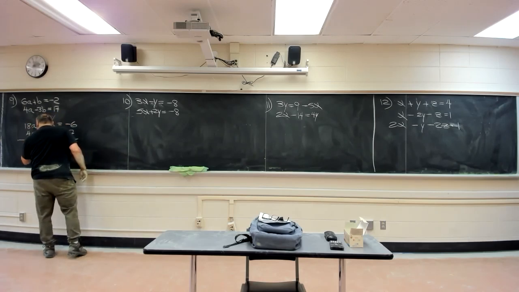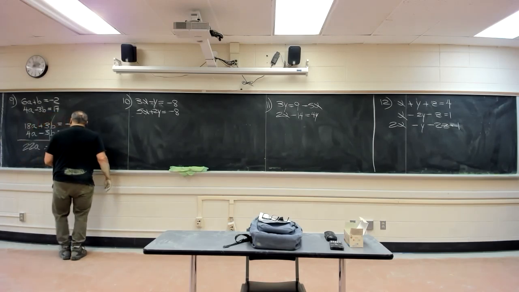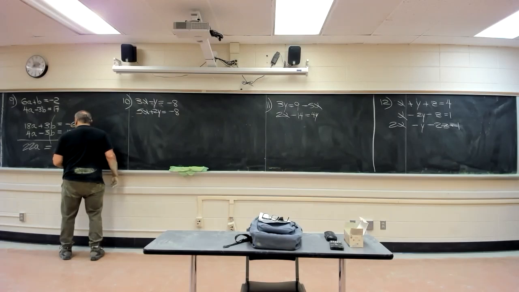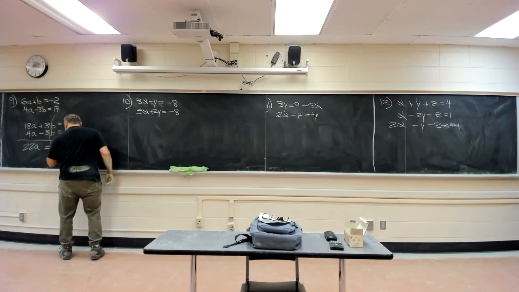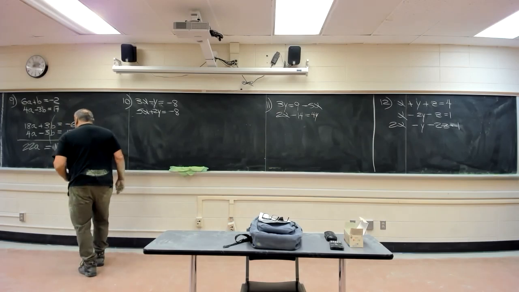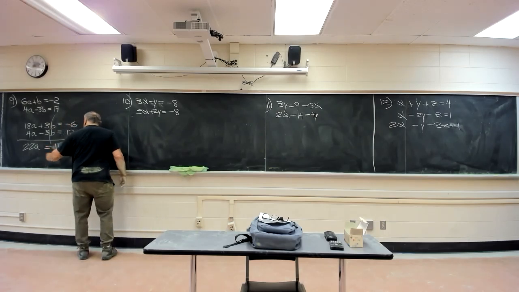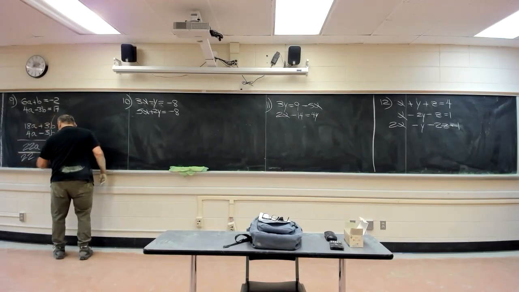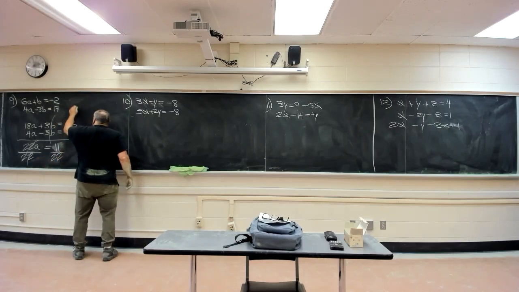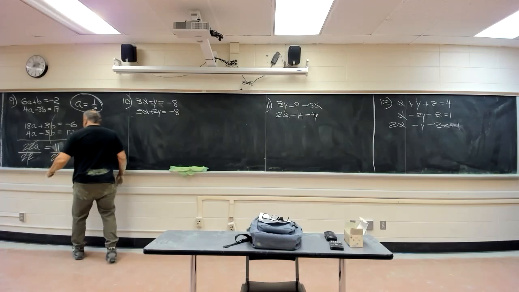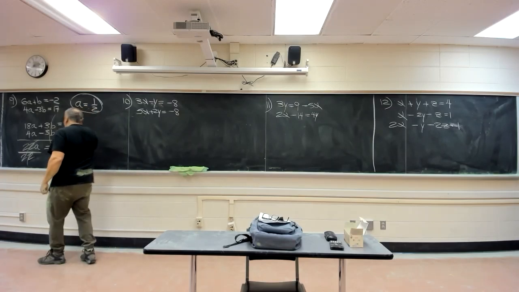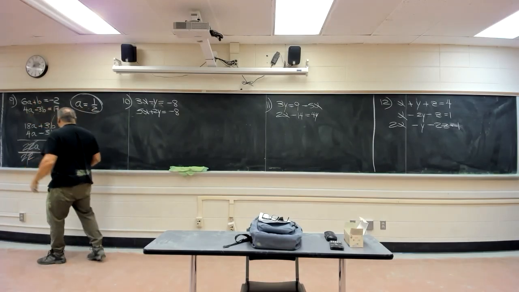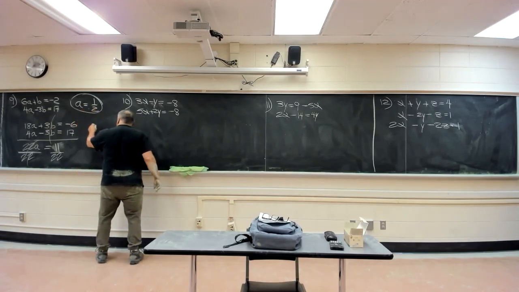Add these two, and you've got 11. Divide by 22 on each side. 11 over 22 is a half. You put a equals a half into either one of the originals and you're fine. The top one looks pretty good to me.